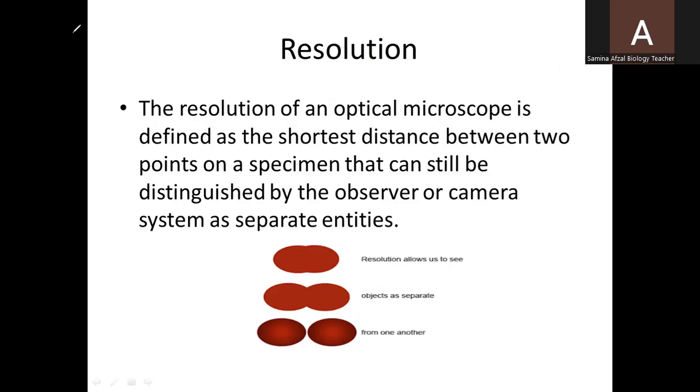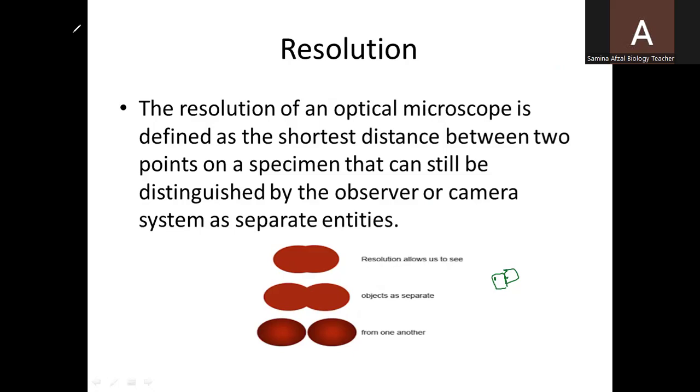For example, we have 2 dots or 2 cells with a very short distance between them. We cannot observe that shortest distance by our eye or under the microscope.